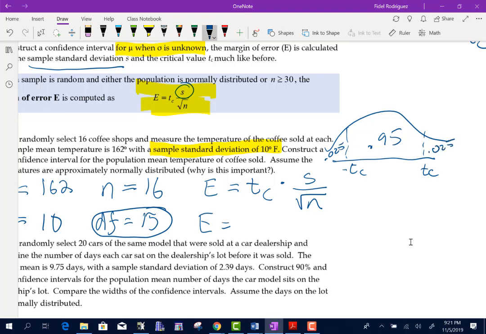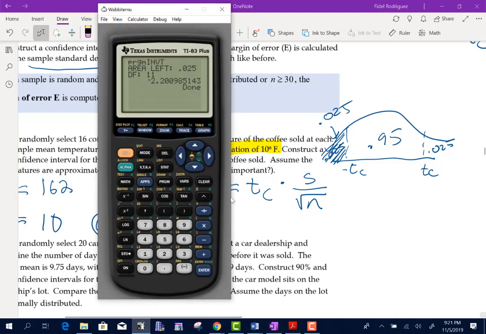Okay. So now, remember, guys, my inverse t is just like the same way that we're using the z-score. It finds the area to the left. So the area on the inside there, we said was 0.025. Again, what I'm going to do, I'm going to take my calculator. Again, guys, mine's slightly different because I have to do the little program. But I'm going to go ahead and get it set up.